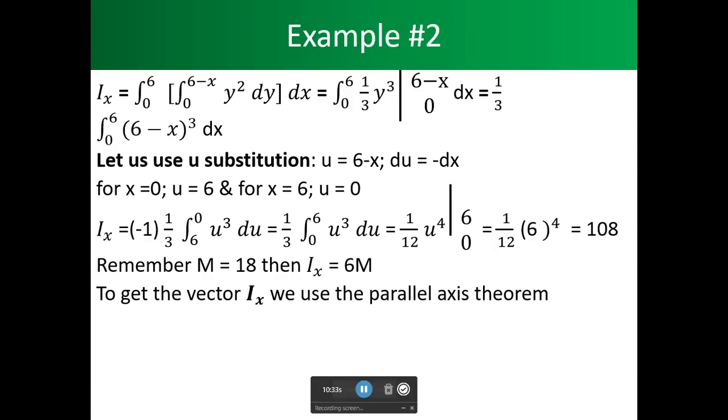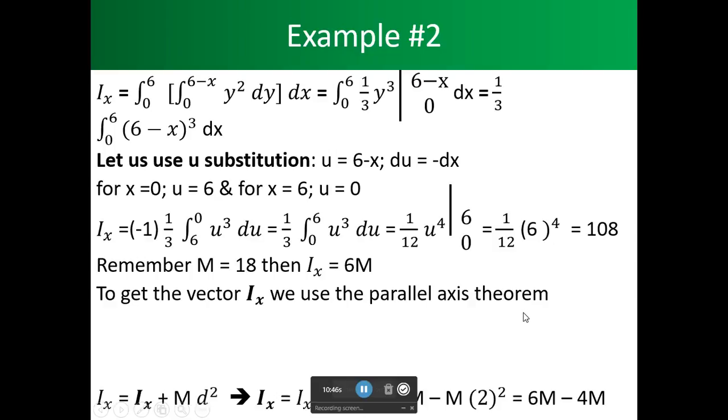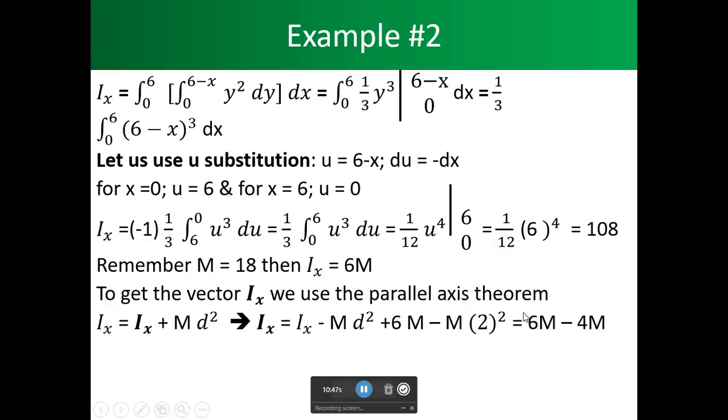To get the vector, okay, we have here the scalar. To get the vector, we use the parallel axis theorem, where it says that if you have the moment of inertia, the scalar, it is equal to the moment of inertia, the vector, plus m d squared.